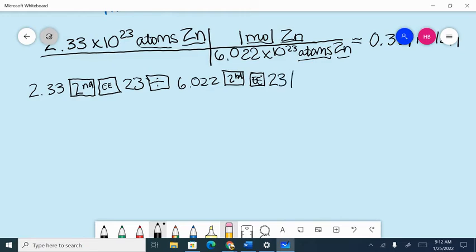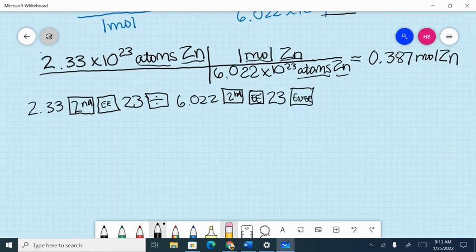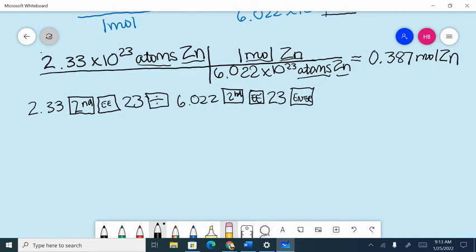When you push enter, it should give you the correct answer of 0.386 something something something, and you're going to round it to 3 sig figs, which would be 0.387 moles.